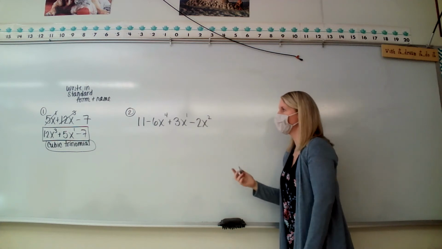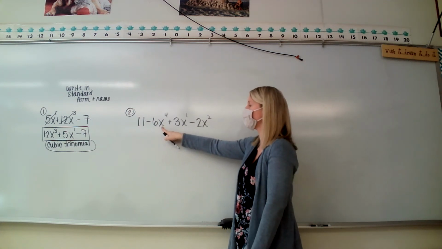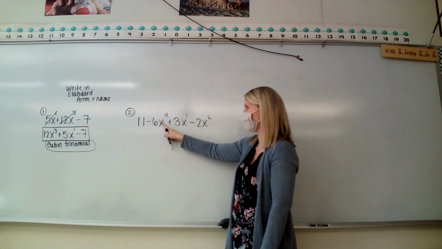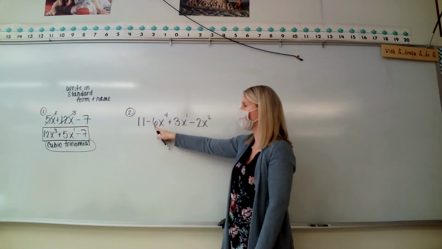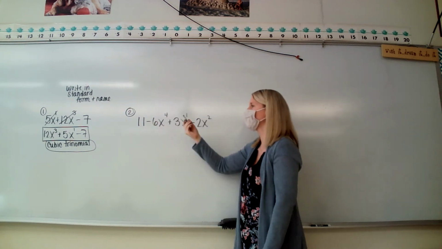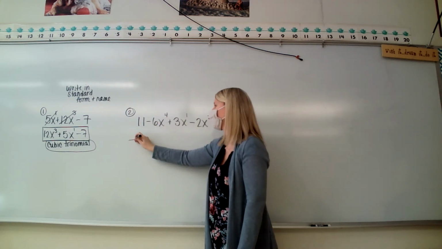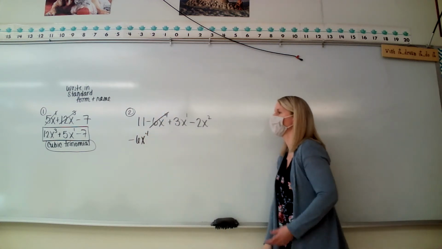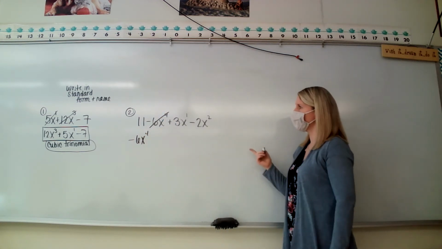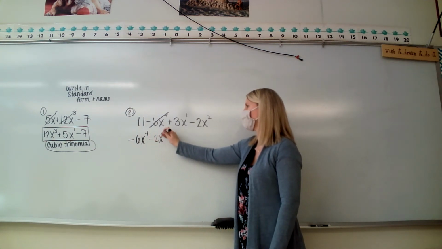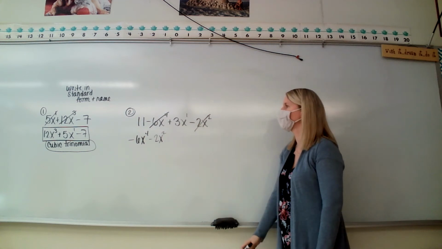Okay, so I find my highest exponent. Just make sure when you're rearranging, you take the entire term, which means you take the base with the exponent, you take the coefficient of that, which is the number in front, and the sign stays with it. So if I was rearranging this, I would say negative 6x to the 4th, my first term. The next in order would be minus 2x squared, so I'm just going down in order.